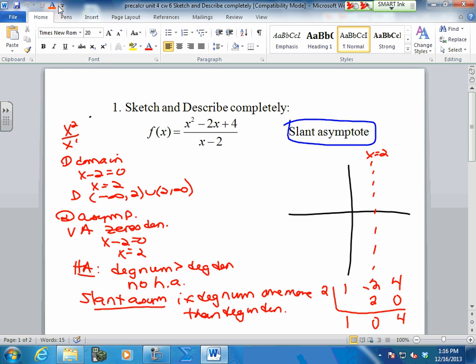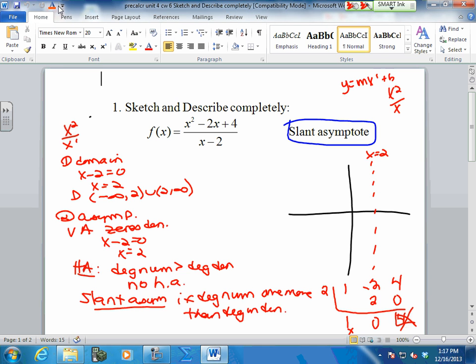Now, if I'm doing x squared over x, what does this one start with? X. Isn't it always going to start with x to the 1? Yes. And isn't your equation of a line mx plus b? So I'm always going to get an equation of a line. The nice part about this is, I don't really care about this remainder. Get rid of it.